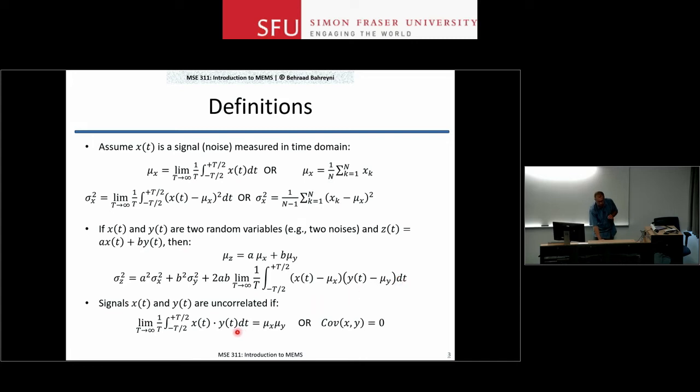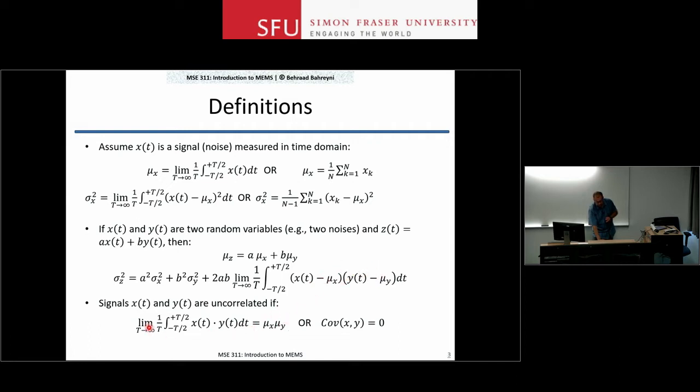Why? Because you can expand it. You have the integral, and if you expand it, you have the integral of x t y t plus mu x y t plus mu y x t. Those two cancel, mu x y t and mu y x t. They're the same. Those two will give you minus 2 mu x mu y plus this other term, mu x mu y.